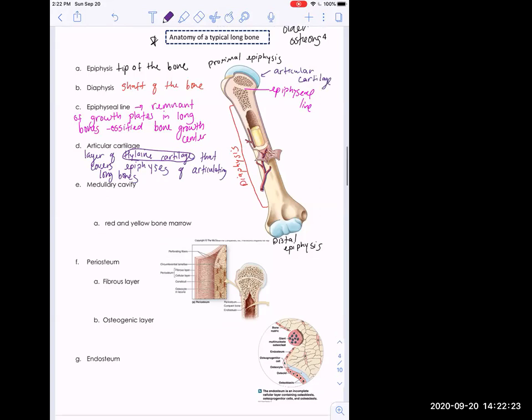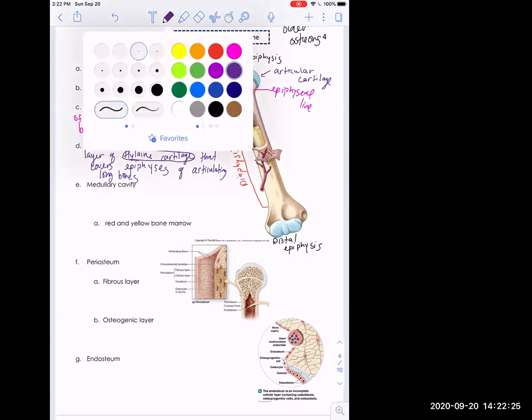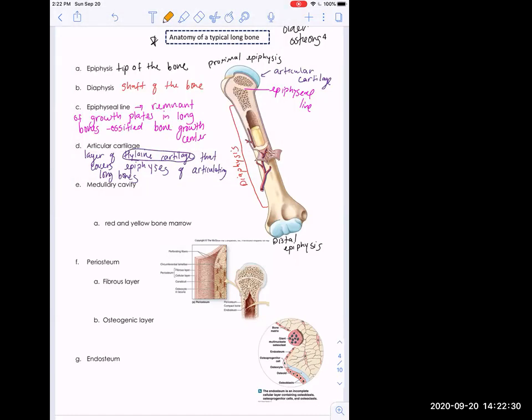Okay. Your medullary cavity. Now, true for long bones, you do have a space. I'm not going to say our bones are hollow. Our bones aren't hollow, but we do have a space in the center of our long bones, but that space is filled with bone marrow. And we call it the medullary cavity. This is kind of an open cavity in the center of long bones.